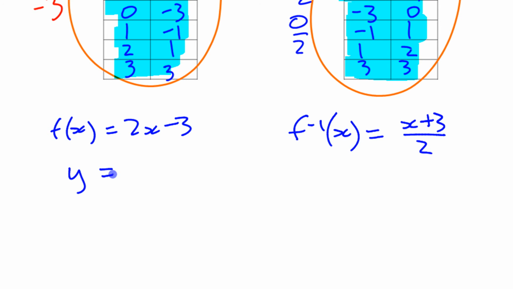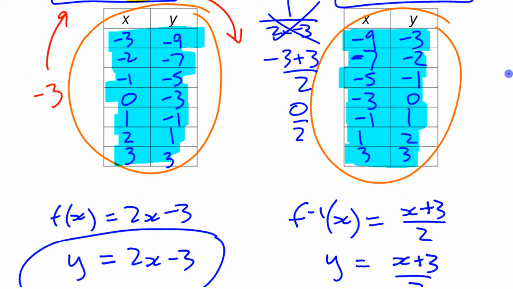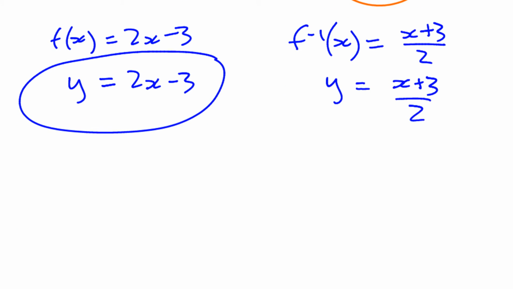Now if we write them both with a y instead of their function name, we're going to be able to see how they're related to each other. Because if I take one of them, say this one, and do something that you might think of from looking at the points up above, all that's happened is the x and y have switched places, right? This 3 is over there, this negative 9 is over there. They've switched places.